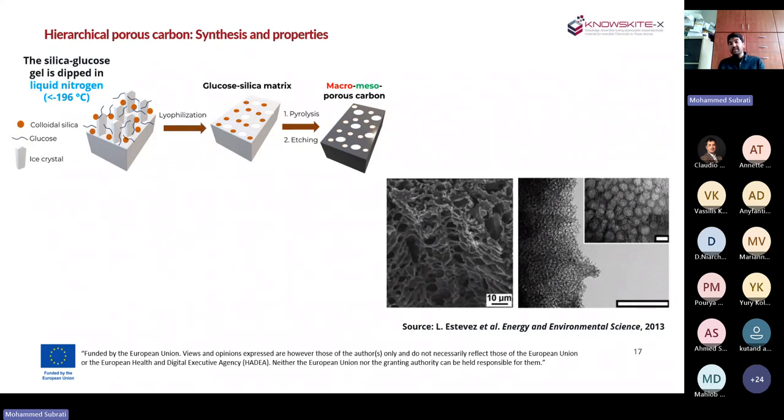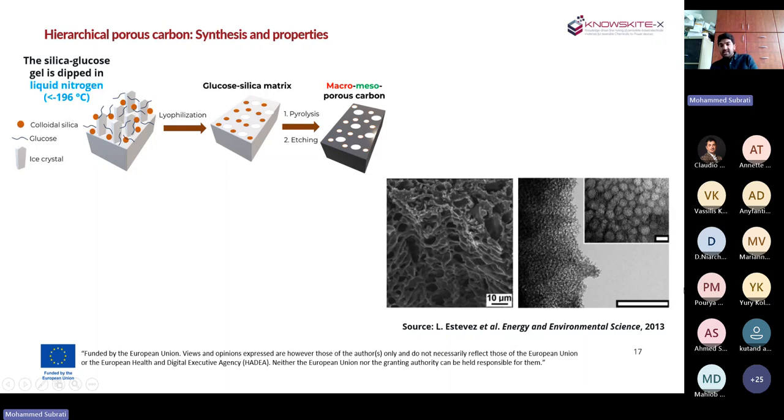When you do the pyrolysis and after etching, as you can see on the left scanning electron micrograph, the initially beautiful fishbone structure gets distorted, obviously because of the pyrolysis and the etching. But you can see that, to a great extent, you retain the original hierarchical structure as well as the mesoporous one.